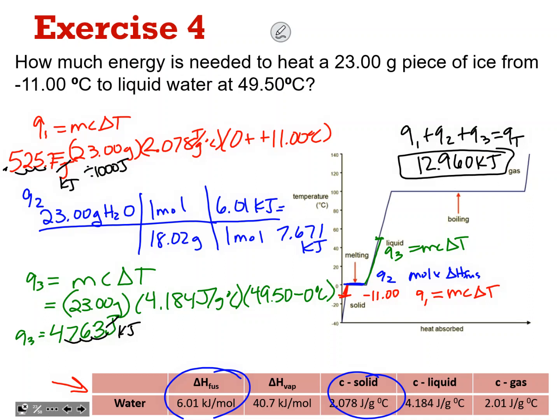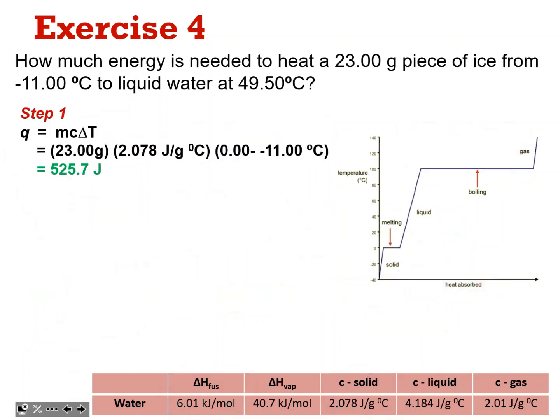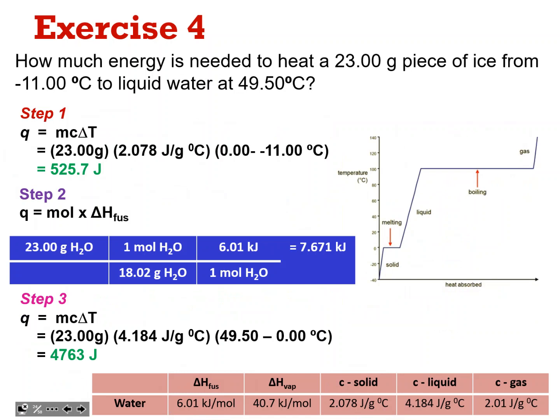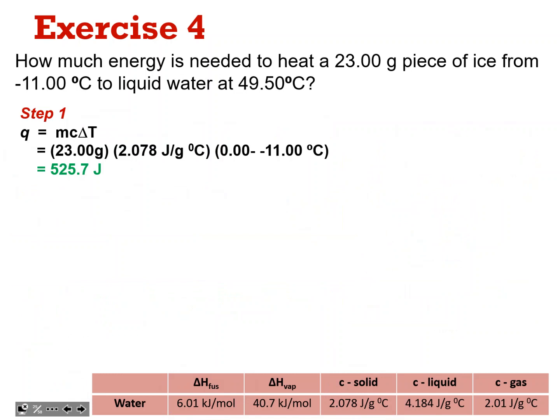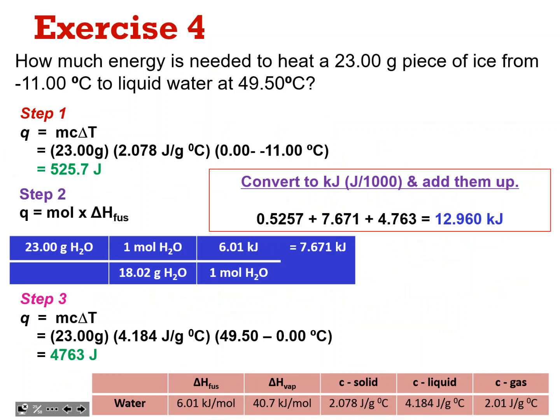So that would be the total amount of heat needed to go from -11 to 49.5. There's a phase change in the middle. All that lovely, wonderful stuff here. Now, also you can check out in here, I've cleaned it up a little bit, and the steps are in here, so you can check that out. Convert kilojoules by dividing by 1,000 and add them up, ultimately getting your answer.